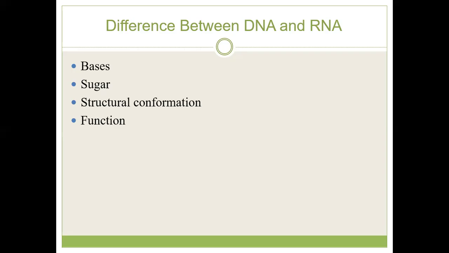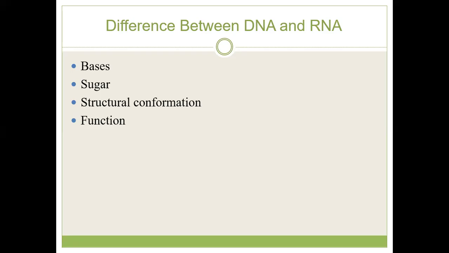With regard to bases, we have guanine, adenine, thymine, and cytosine forming the bases found in DNA. Whereas the bases found in RNA are adenine, guanine, cytosine, and uracil instead of thymine.